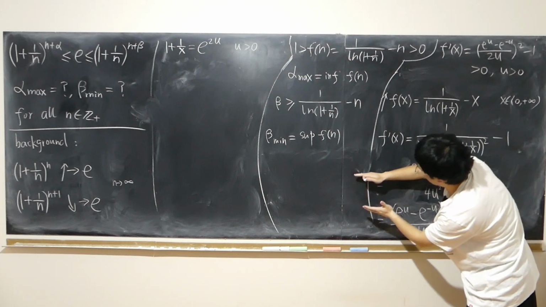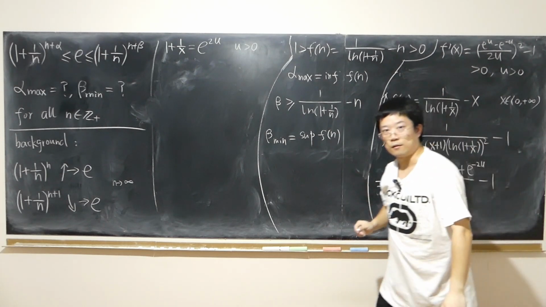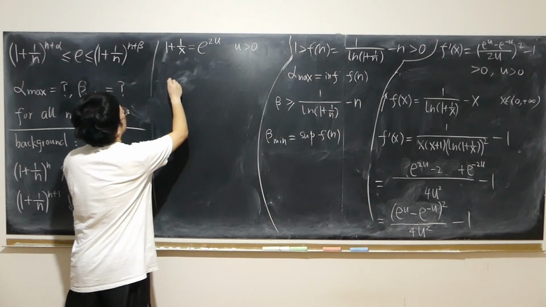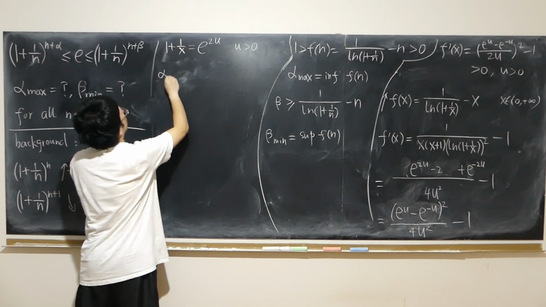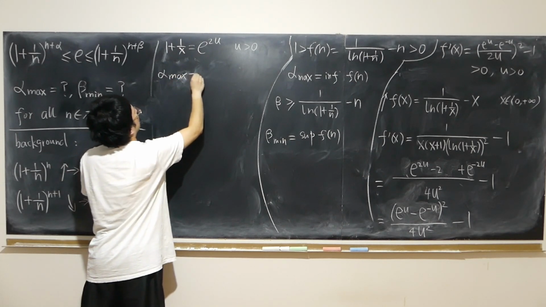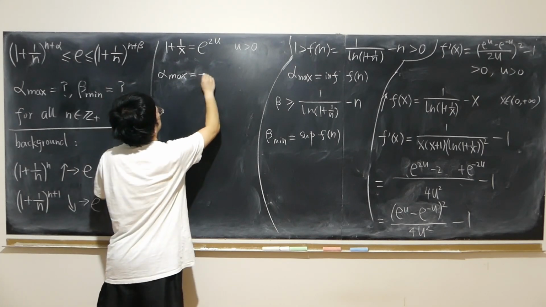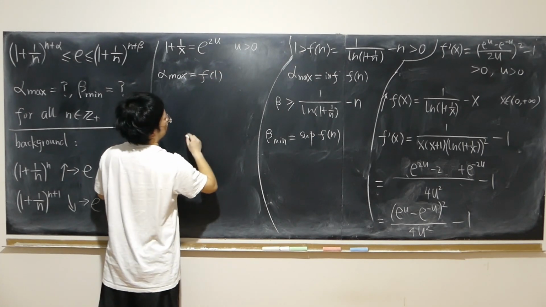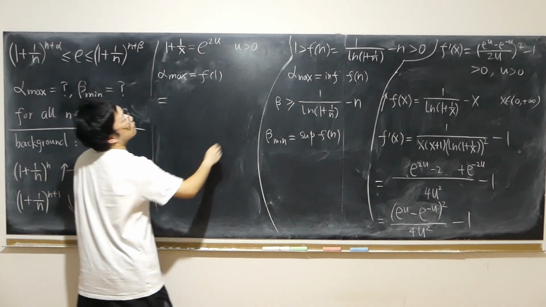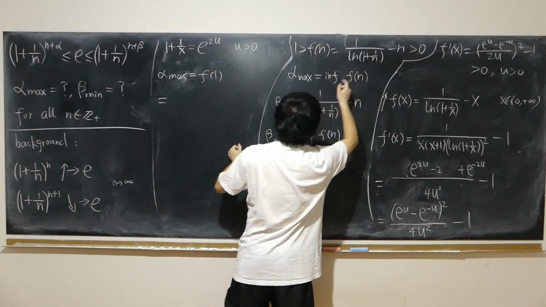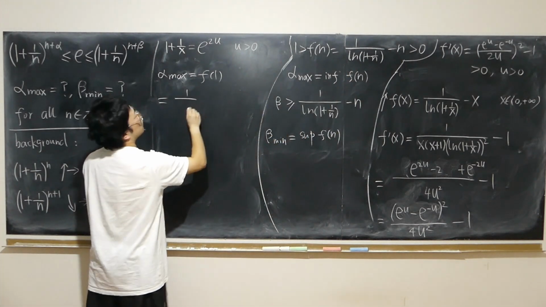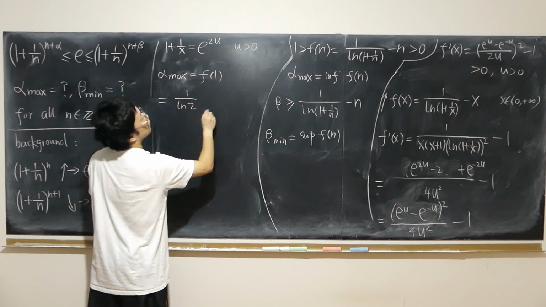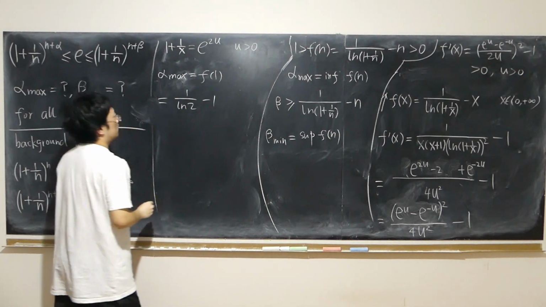What's its greatest lower bound? F of 1. So alpha maximum is the infimum, that's f of 1. That's log 1 over log of 2 minus 1.